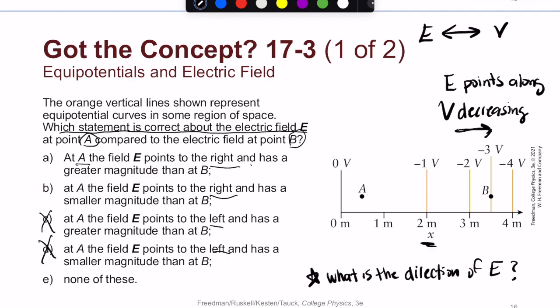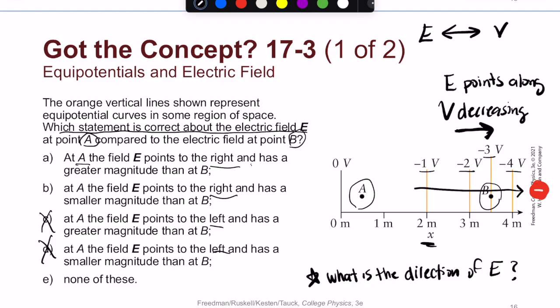So if E is pointing this way and the potentials are getting more and more negative as you move to the right, then the E field over here should be stronger than the E field over here. Because if I look at this and I see the potentials are all negative, that tells me, number one, that a negative charge is creating those potentials. So there's a negative charge over here creating those potentials and spitting out field lines, right here like this.